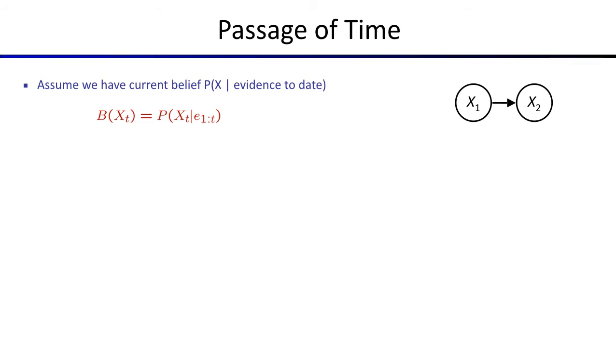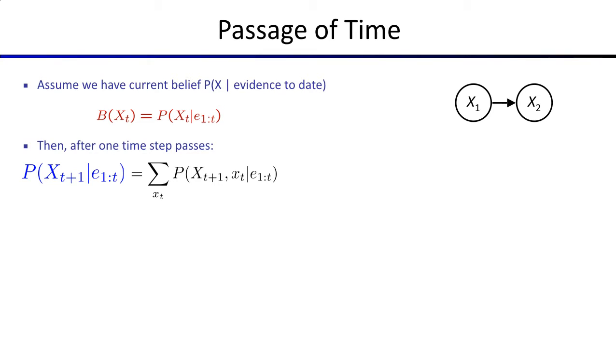Or in the walking back and forth exercise we were doing at the beginning of class, what has happened when we know that Zach has started moving, but before anyone has clapped their hands. And that's going to look like the following. This is basically just a generalization of that base case that we looked at on the previous slide. I want to get my belief at x sub t plus 1. I have all the evidence up to time t.